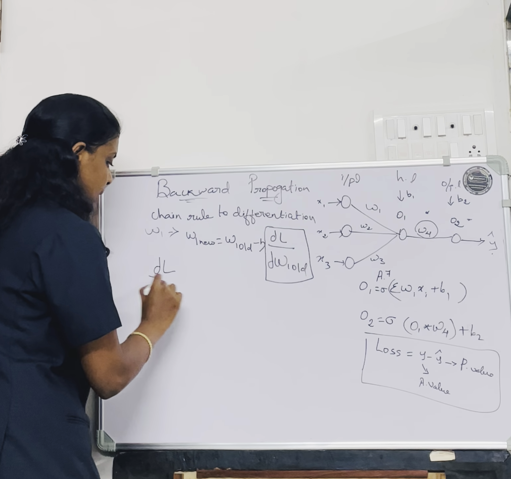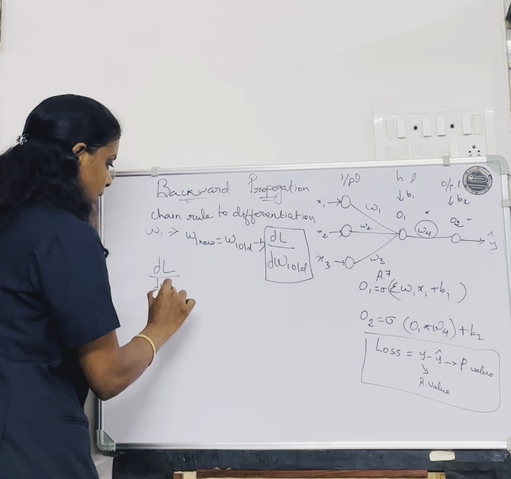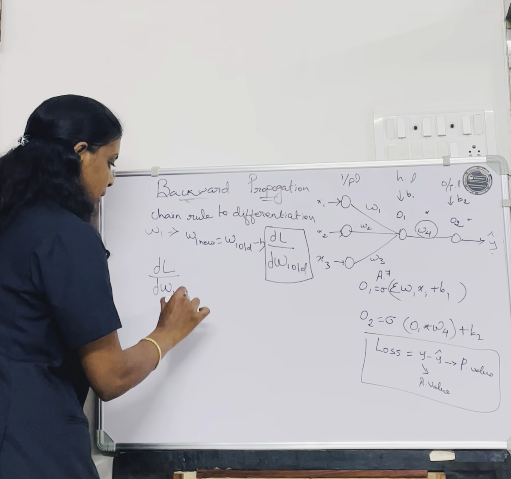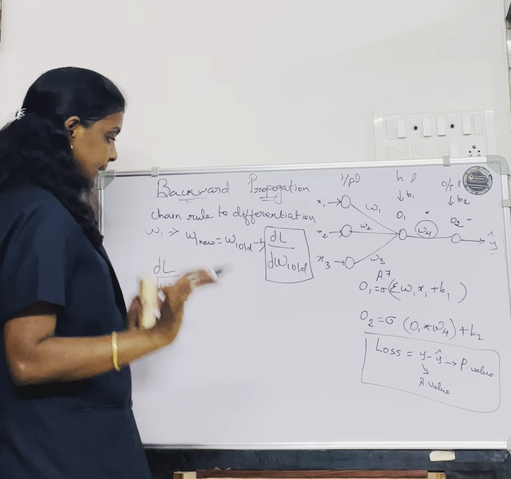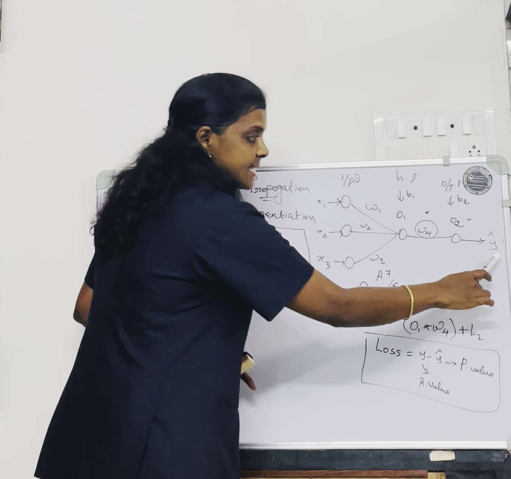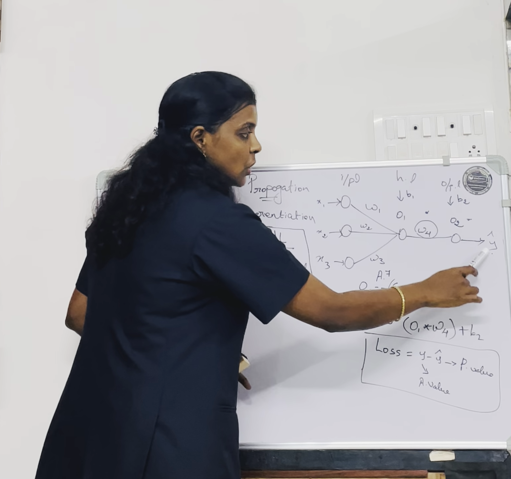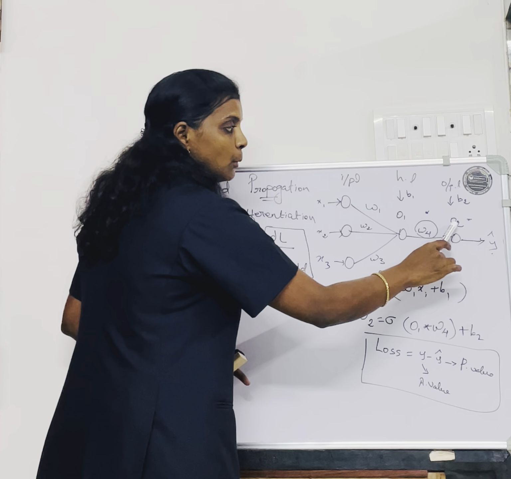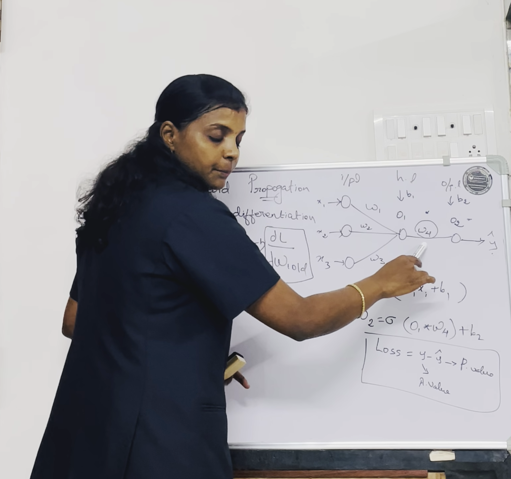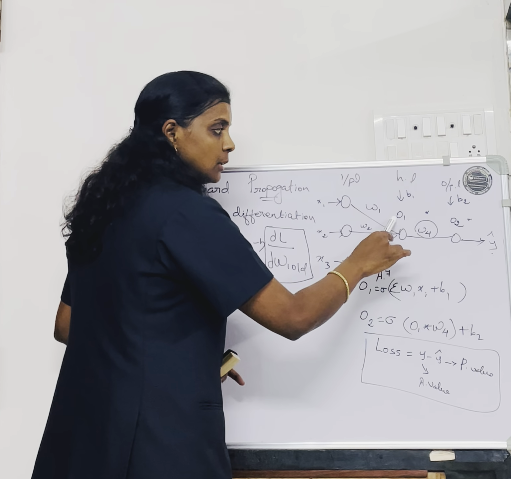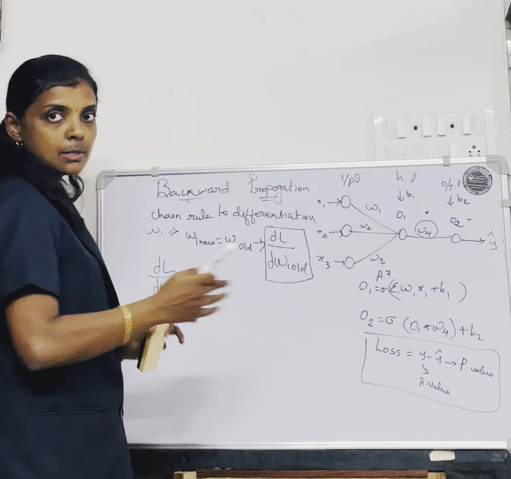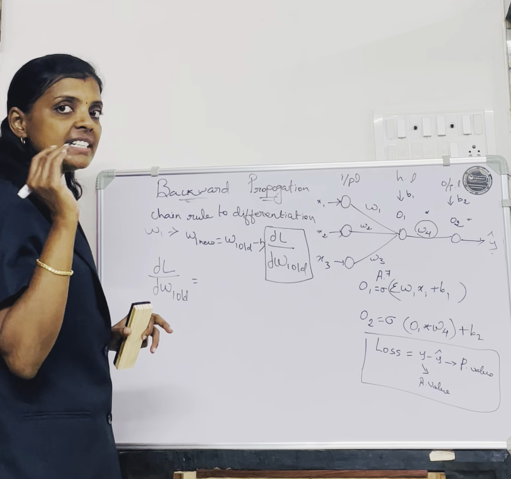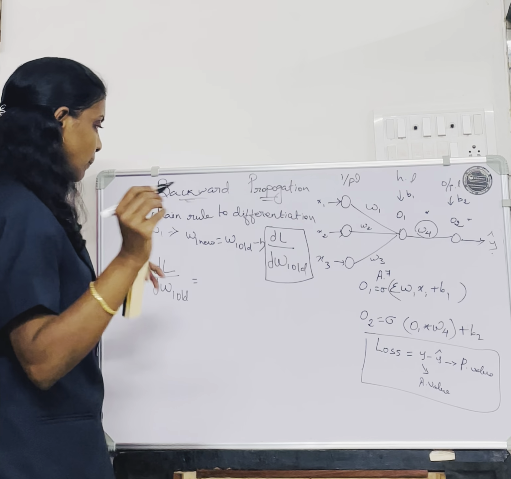Derivative of loss by derivative of W1 old equals, now listen carefully, this loss depends on O2, O2 depends on W4, W4 depends on O1, O1 depends on W1. So this process we are going to do. It is very important.